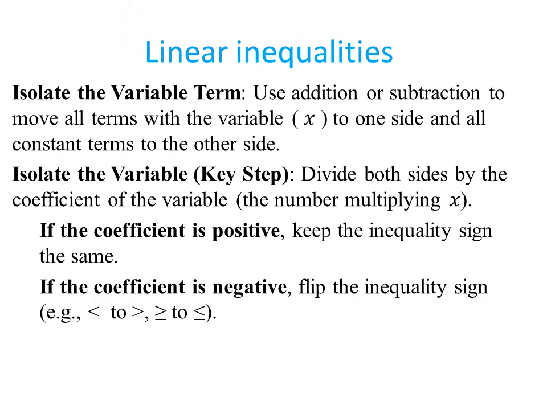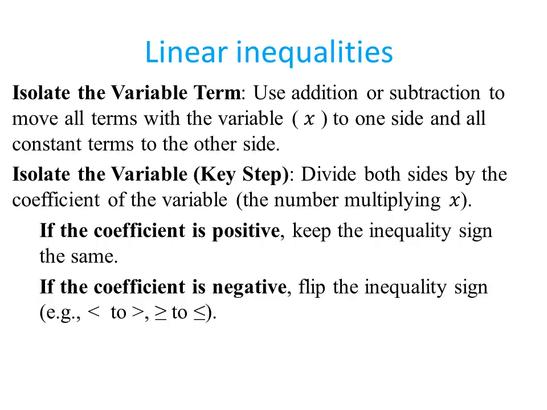After this, we isolate the variable term. Use addition or subtraction to move all the terms with the variable to one side and all the constant terms to the other side.